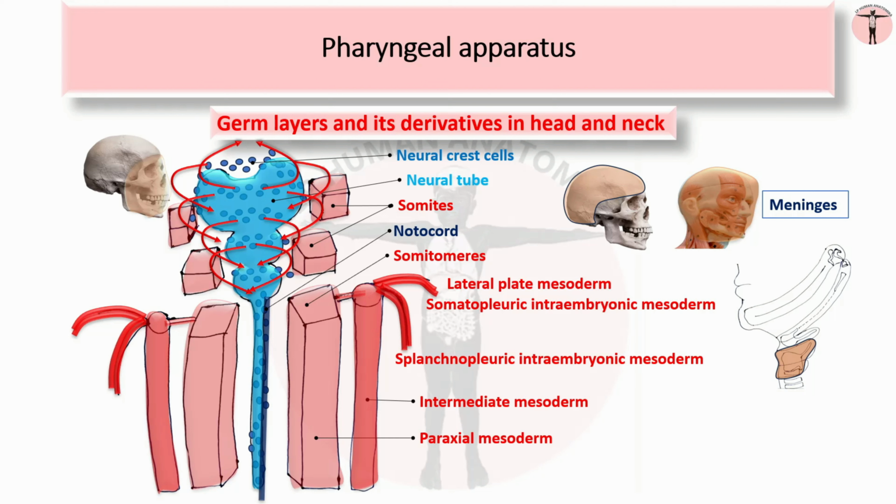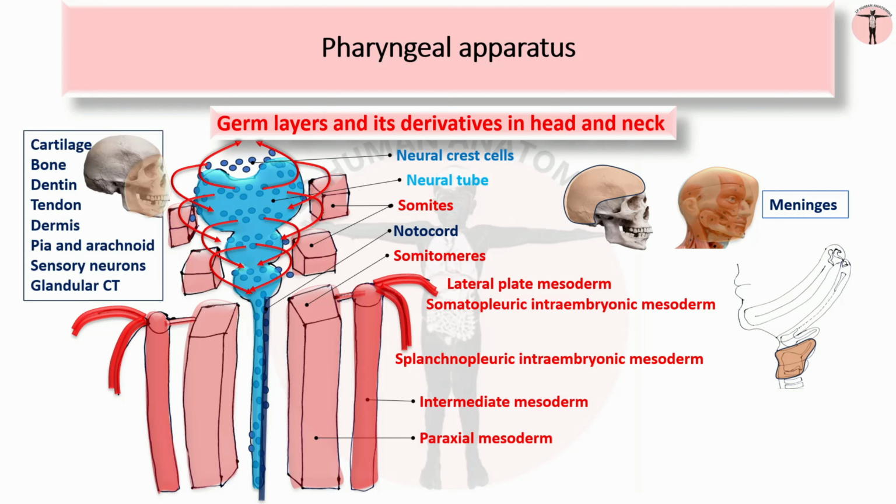They also form all other tissues in these regions, including cartilage, bone, dentin, tendon, dermis, pia and arachnoid matter, sensory neurons and glandular connective tissue. Cells from ectodermal placodes together with the neural crest form neurons of the 5th, 7th, 9th and 10th cranial sensory ganglia.